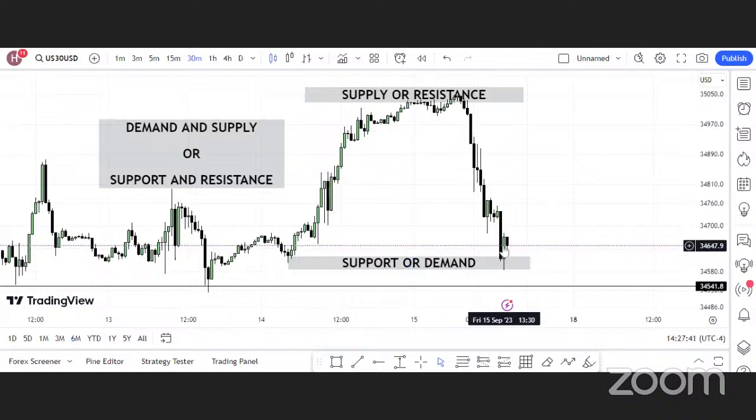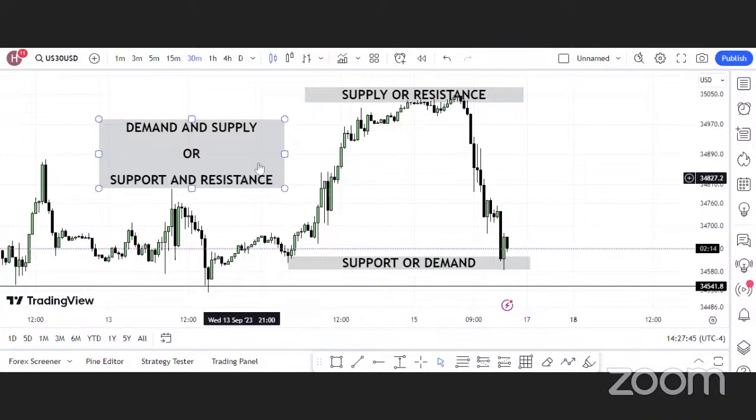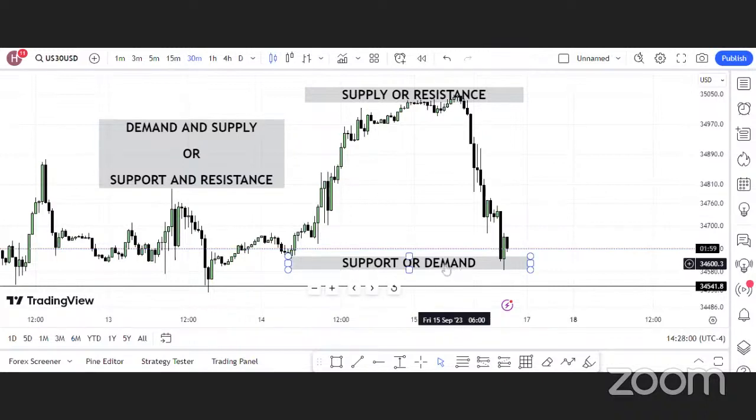Just have it in your mind that when the market is on a downtrend, the place it always reverses from is called support or demand. And when the market is going up, the place it always reverses from is called supply or resistance.